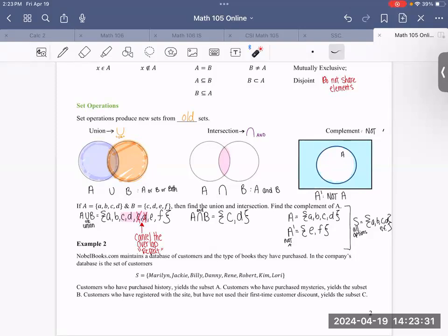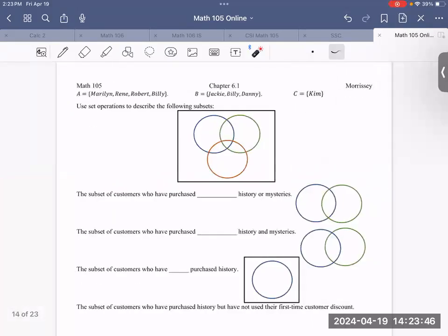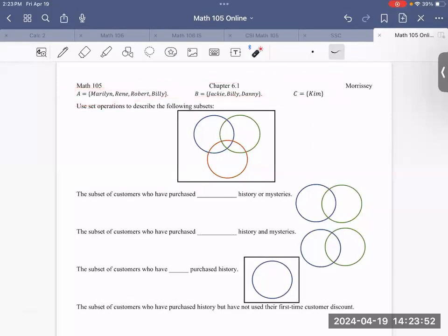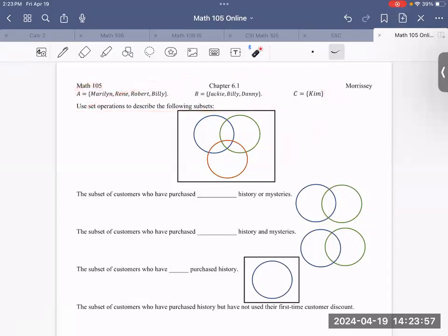The customers who have purchased history yields a subset A. The customers who have purchased mysteries yields a subset B. And those who have registered with the site but not used their first-time customer discount is C. So they're going to tell us who fits the mold. With that in mind, can you put this into a Venn diagram?